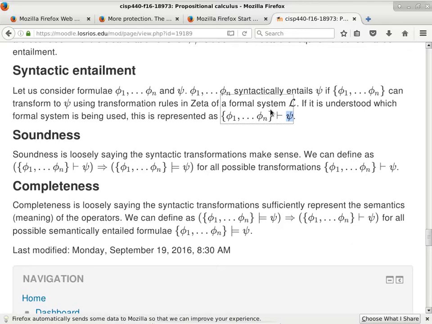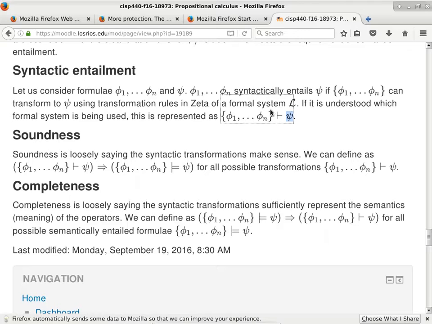Do these transformation rules work so that we can start with phi 1 to phi n and eventually get to psi? If it does, then we say phi 1 up to phi n as a set syntactically entails psi as another well-formed formula. Is that okay so far?